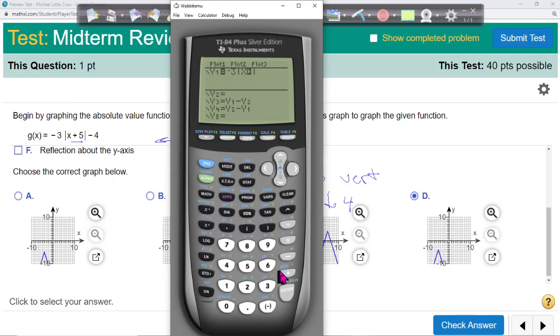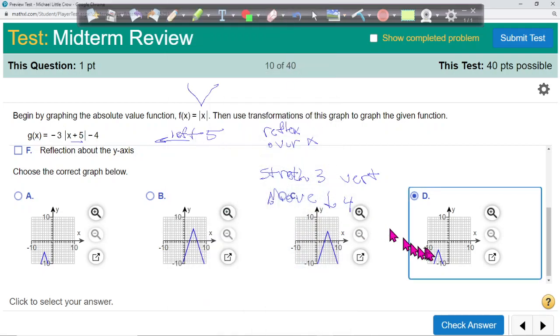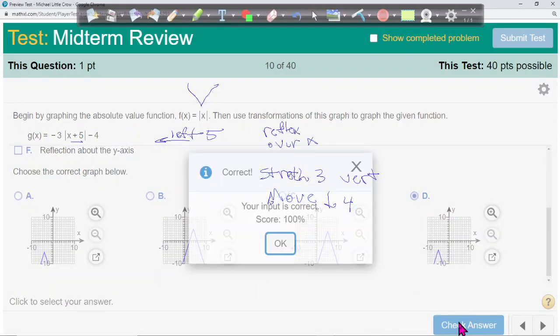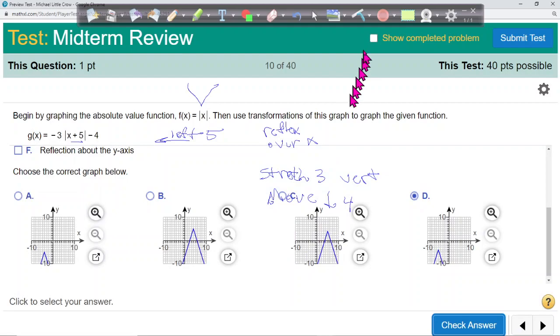And then we just put our x plus 5, and then we subtract 4. Here it is, and we see over 5, down 4. Hopefully you can see 1, 2, 3, 4, 5, and then down only 4. Okay, so we feel pretty good about the one we chose. And we're good.